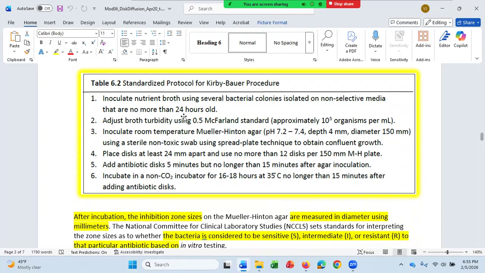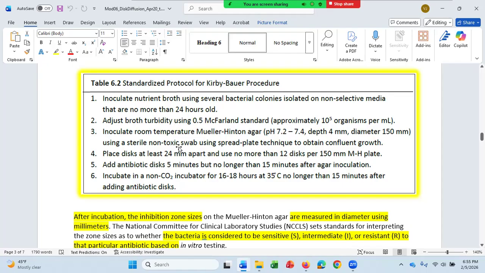Also, the bacteria in the nutrient broth should be growing no longer than 24 hours. You then measure the turbidity of the broth and adjust it to 0.5 McFarland units, approximately 1 × 10⁵ bacteria cells per mL. And then you put that on your plates.